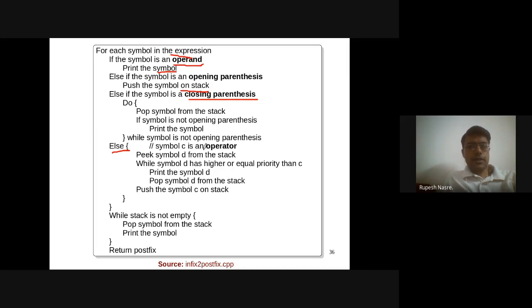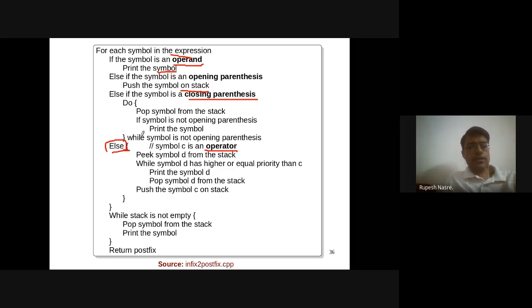Otherwise, if it's an operator, let's say plus, minus, star, slash, then we perform something else. Of course, there is no error checking currently here, but ideally this else part will have, if it is an operator, then perform this processing, otherwise give an error if it's an invalid symbol.